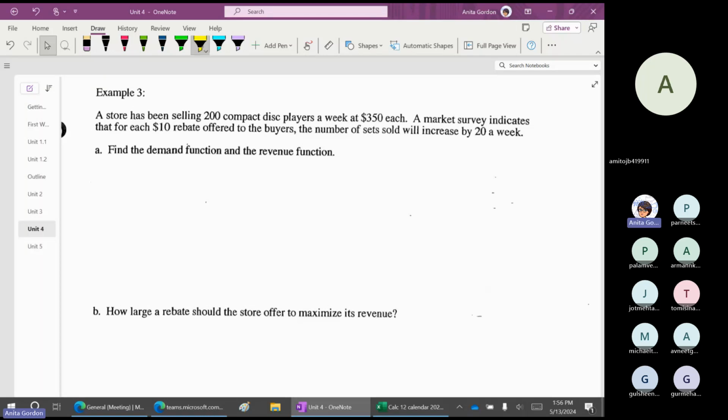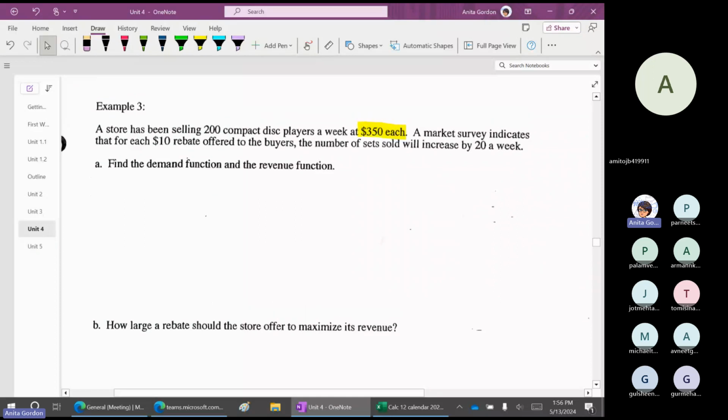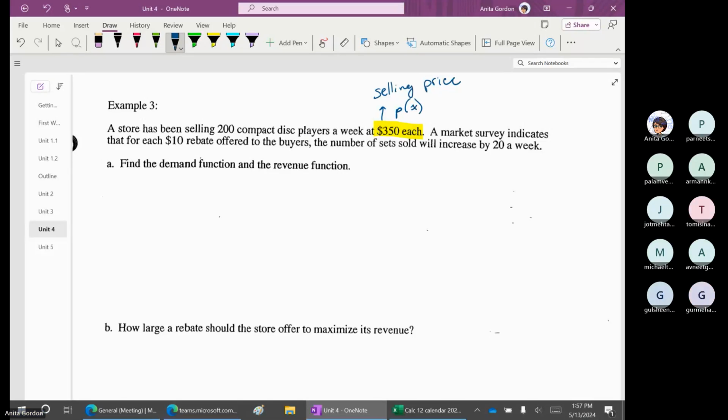Okay. So the store has been selling 200 compact disc players a week at $350 a piece. Okay, I'm going to highlight some things. Here we go. This is the selling price. This is small p, the price per unit.